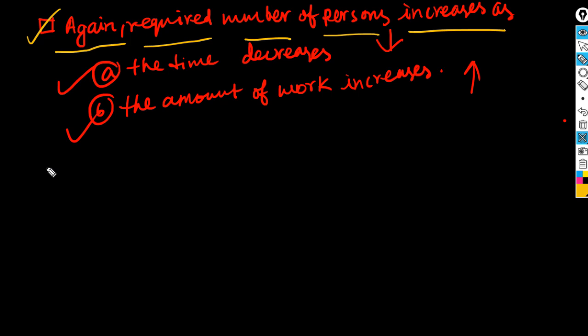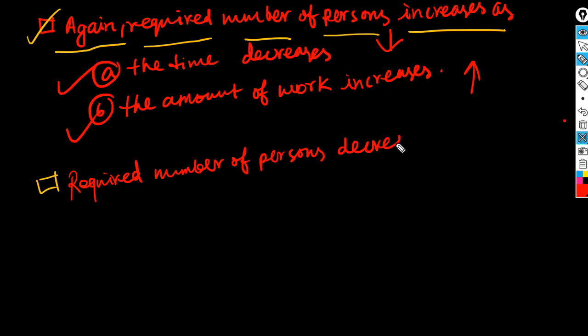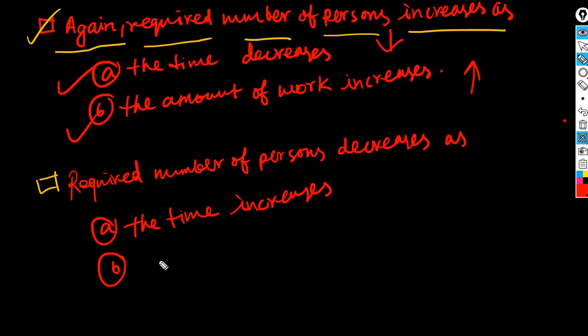Now come to the next point, and that is important also. The required number of persons decreases as number A, the time increases, and B, the amount of work decreases.